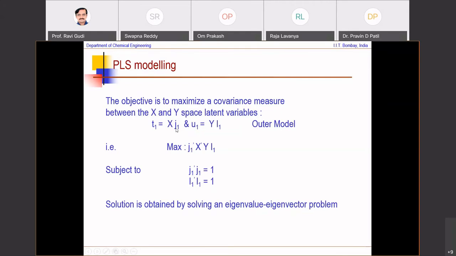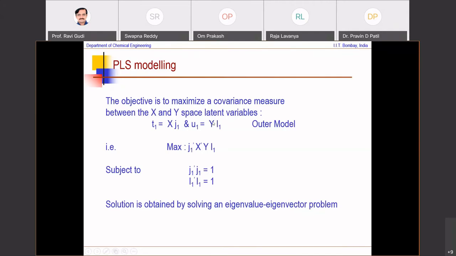I take columns of X, X1, X2, X3, X4 up to Xn, and multiply by a vector J1, which is essentially the linear combination: alpha 1 times X1 plus alpha 2 times X2 plus alpha 3 times X3 up to alpha n times Xn. The alphas become the elements of J1. I still don't know what they are, but let's assume I'm able to do this. So T1, the first linear combination, is constructed as X times J1.